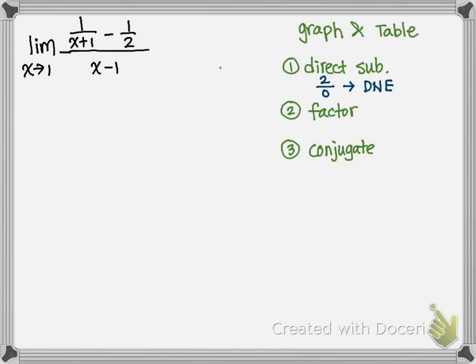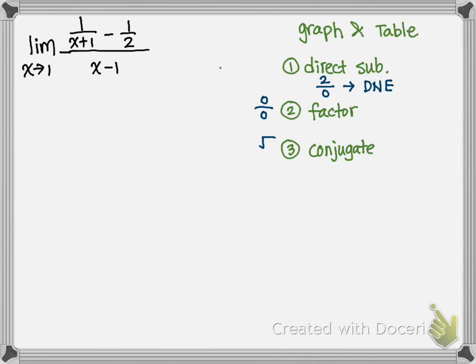So that is already does not exist. However, if you get a fraction such as 0 over 0, you have to apply the factoring technique or the conjugate technique if you see square root.